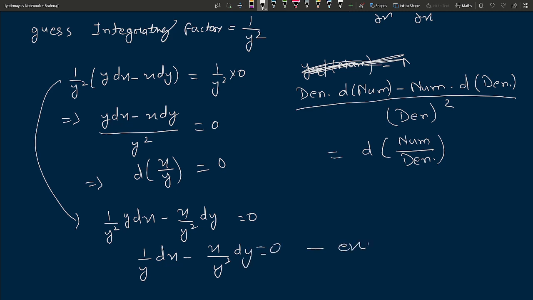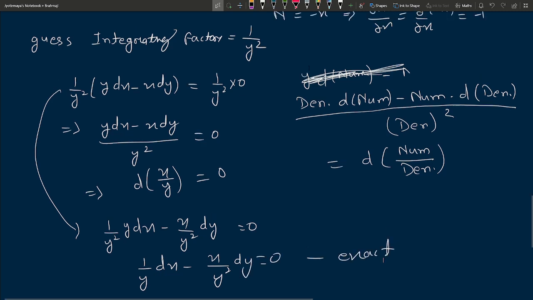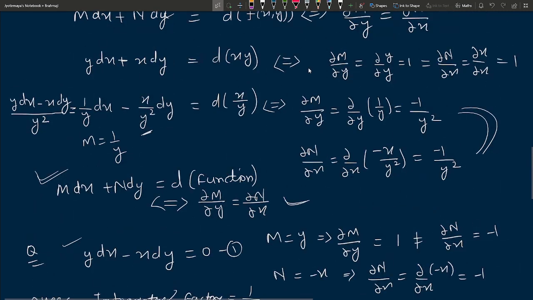This is exact. Here del n by del y is minus 1 by y square and del n by del x is also minus 1 by y square. So this is an exact differential equation.